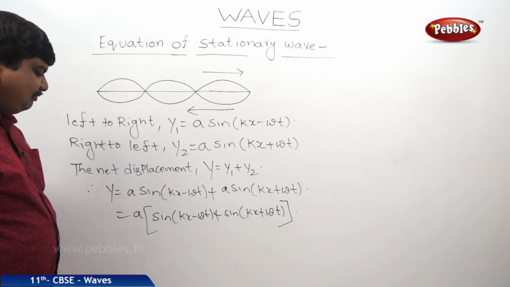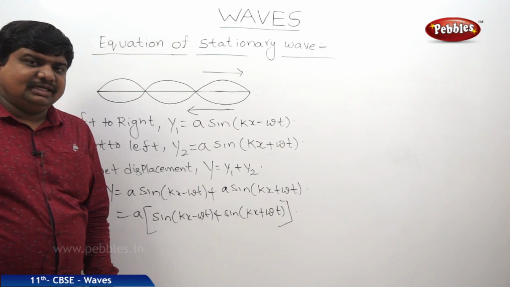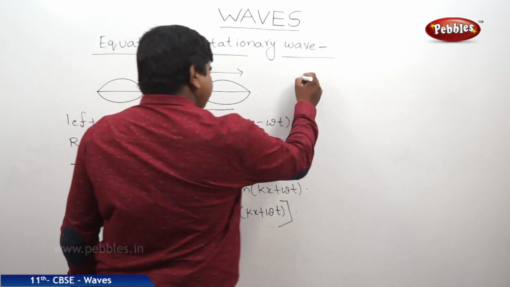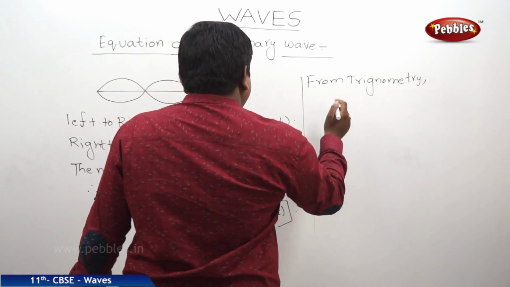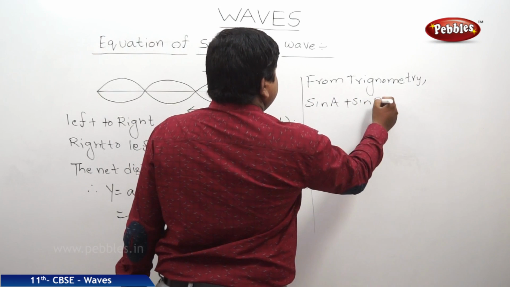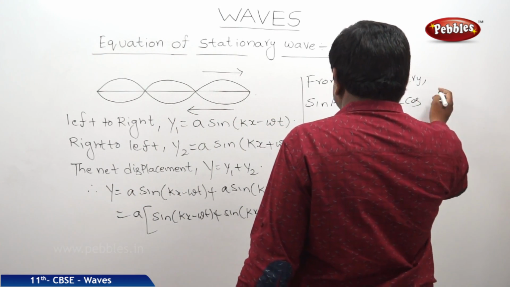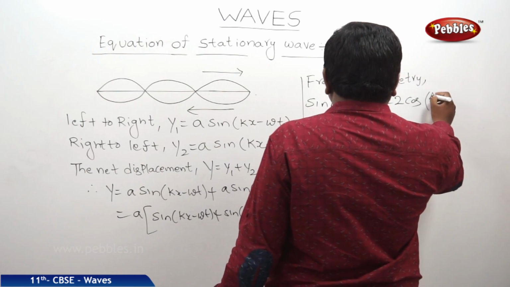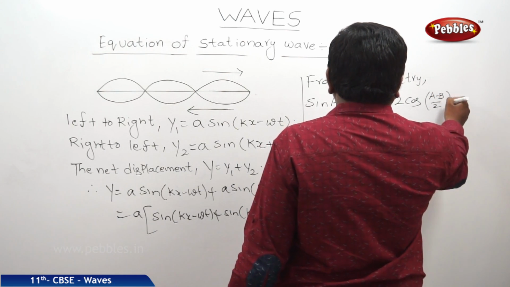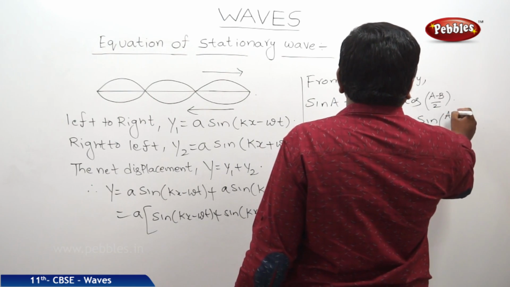In trigonometry, a formula is there: we know the relation sin a plus sin b is equal to 2 cos((a minus b) by 2) into sin((a plus b) by 2).